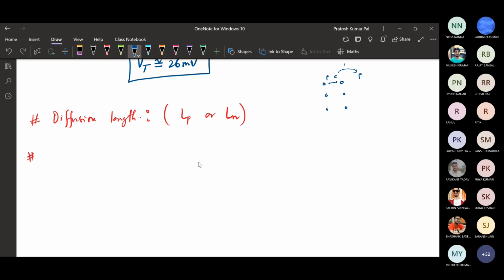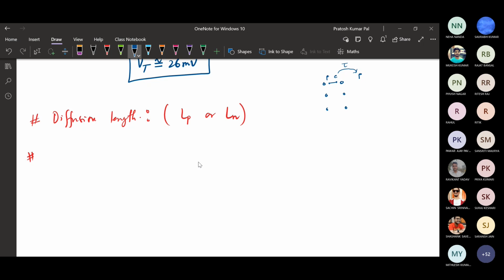Whatever time it travels between generation and combining with another hole is called carrier lifetime. For electrons and for holes this carrier lifetime is defined. So for what time period these holes or electrons are available in the semiconductor will depend on parameters like the diffusion length.